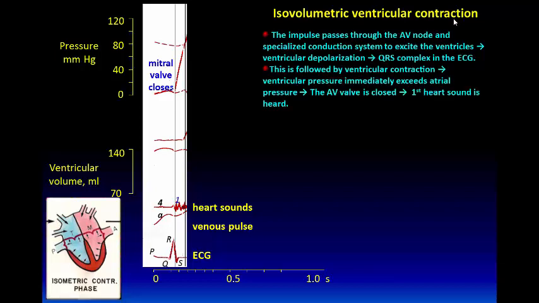So now the cardiac impulse passes through the AV node and the specialized conduction system to excite the ventricles, resulting in ventricular depolarization, which is seen as the QRS complex in the ECG.